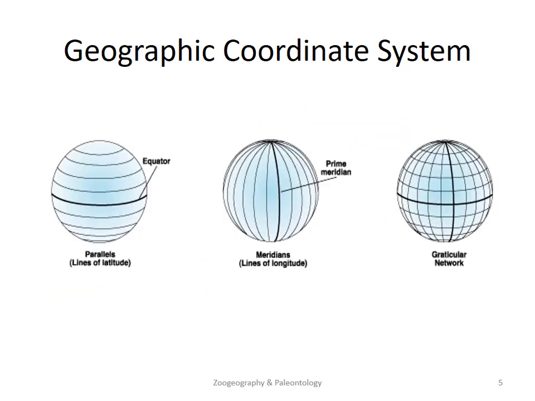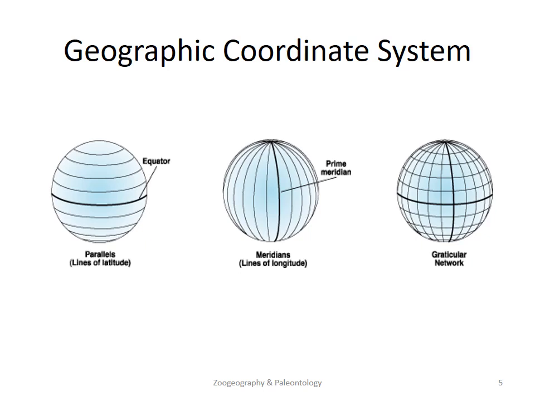Using these pictures, we can clearly understand the geographic coordinate system comprising latitude and longitude. Here you can see the 0-degree latitude, which is the equator. These lines run horizontally across the Earth's surface.